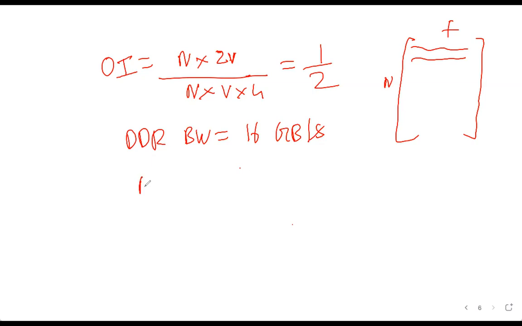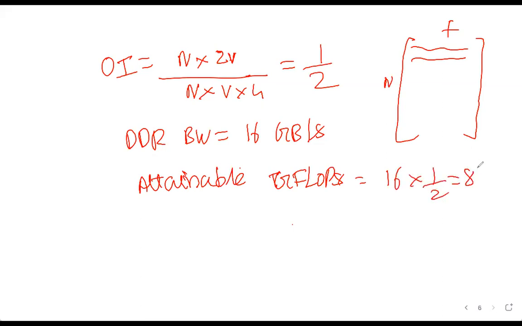Then attainable gigaflops per second is 16 into half, which is 8 gigaflops. So on an F1 instance, if you solve this problem using this approach, you get attainable performance of 8 gigaflops.